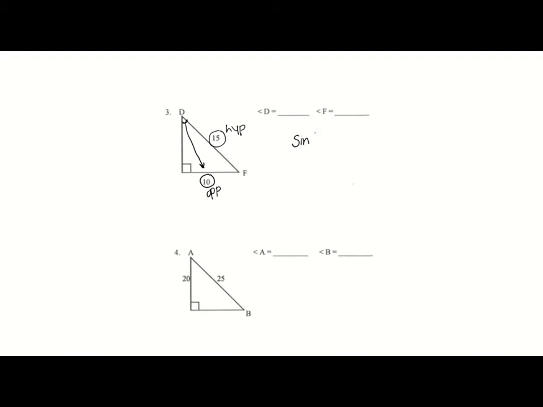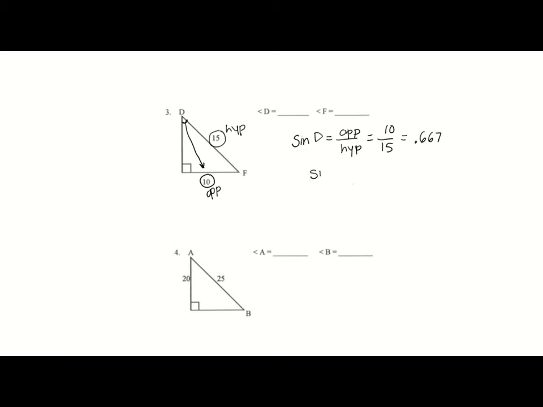So my sine of angle D equals opposite over hypotenuse, which is 10 over 15. Now 10 over 15 is equal to 0.667.